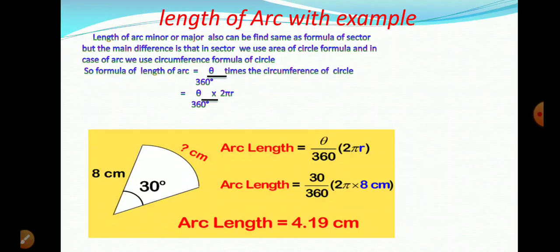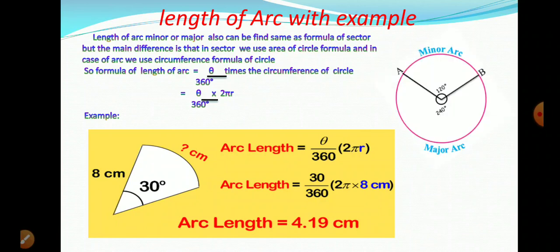We are using the same formula, theta upon 360 times 2 pi r. Value of r is 8, and we will take the value of pi as 3.14 and solve it, and we find the length of the arc is 14.19 centimeter. Here is one more picture to explain the minor arc and major arc.